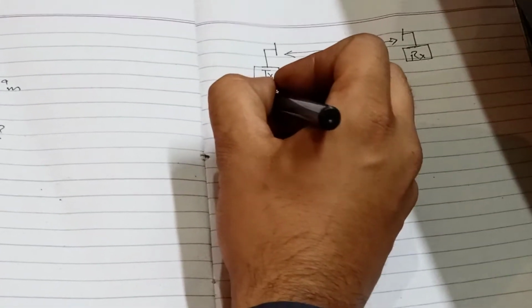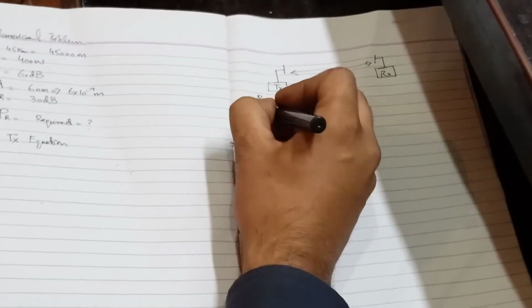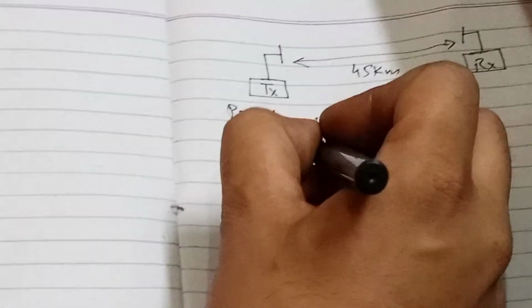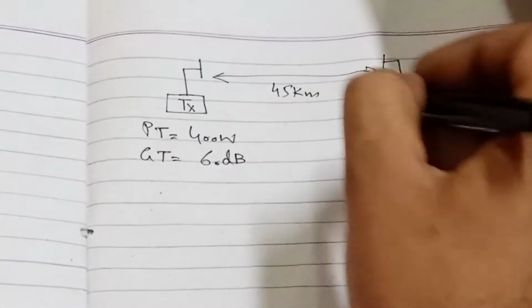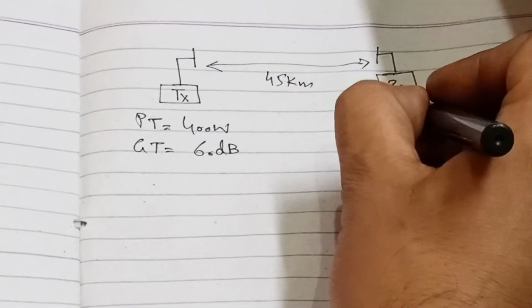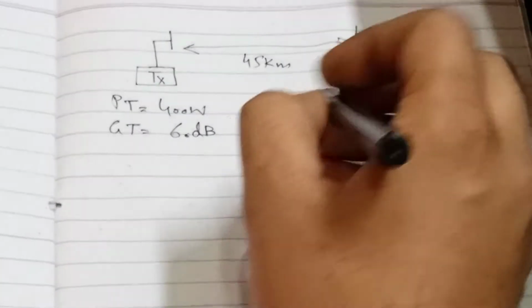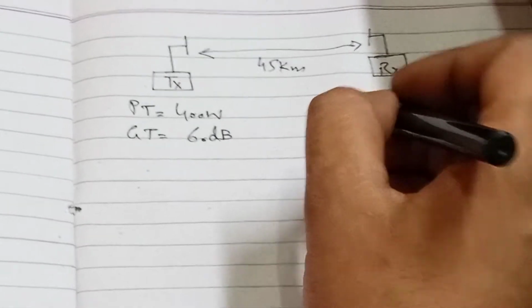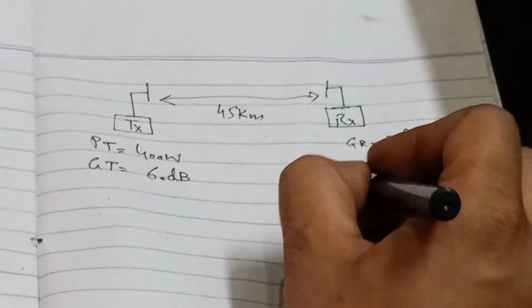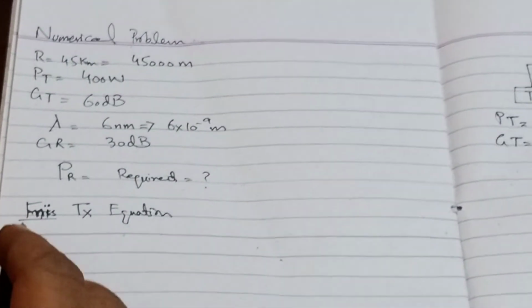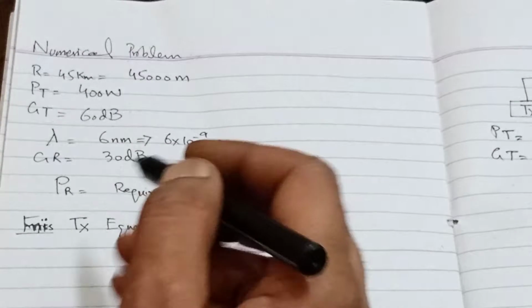And PT, the transmit power, equals 400 watt, and the gain of the transmitter is 60 dB. Likewise, the gain of your receiver is 30 dB in this scenario, right? And what we require is PR. So we need this Friis transmission equation to calculate everything.